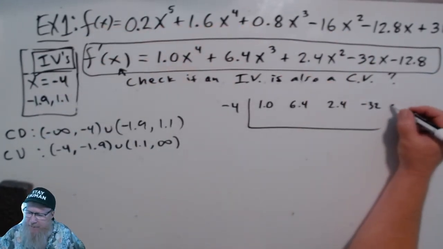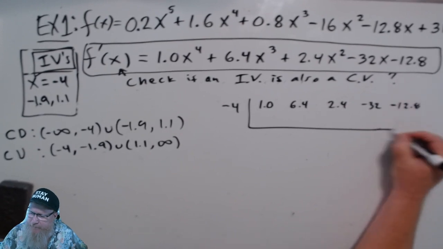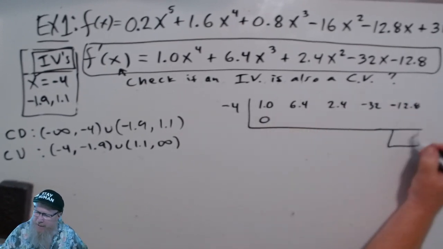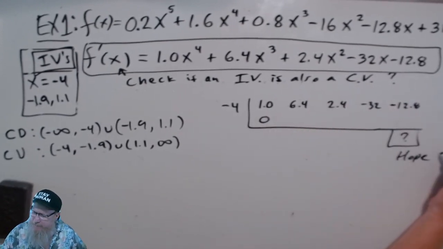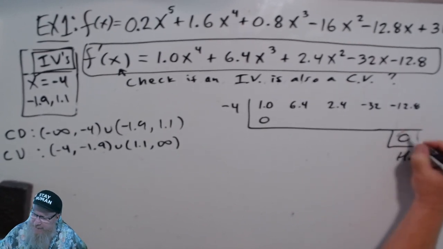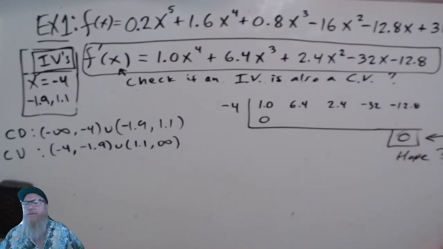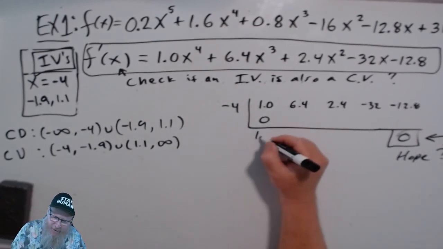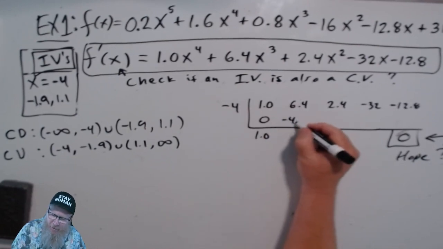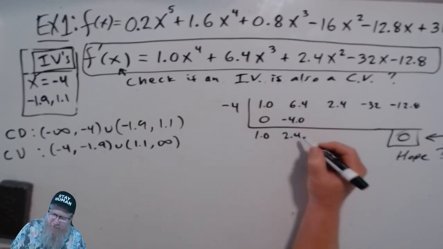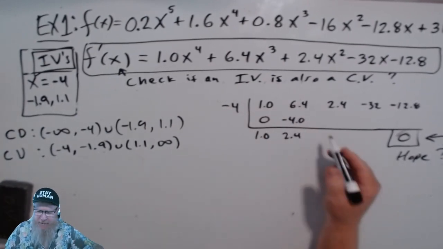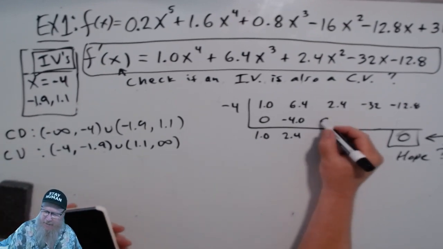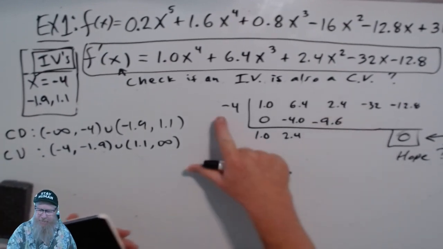We're coming back to it. All right, so we're hoping that this is 0. I don't know. If it is, then that means we got another one. All right, so let's see. We get 1. We get -4.0. We get 2.4. What's that going to be? 9.6 negative?